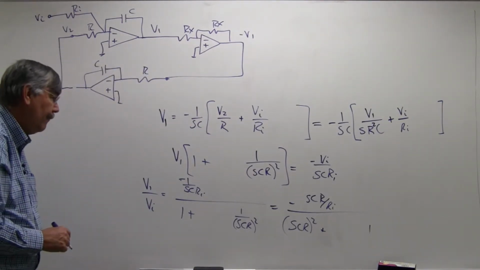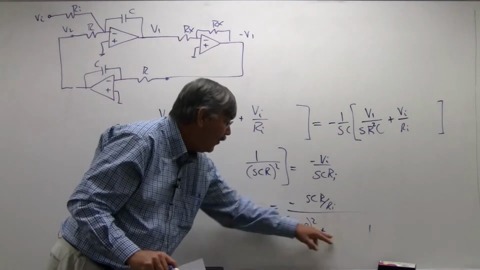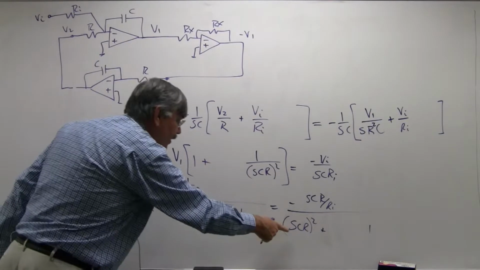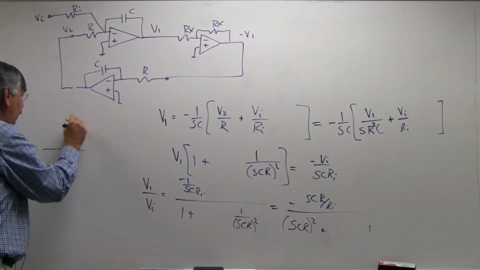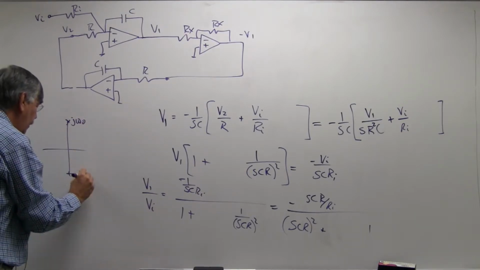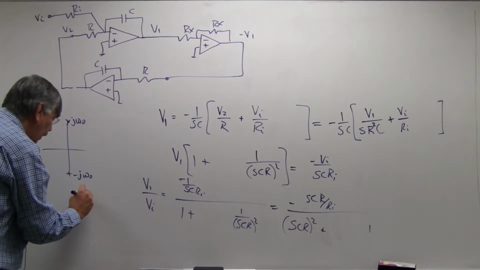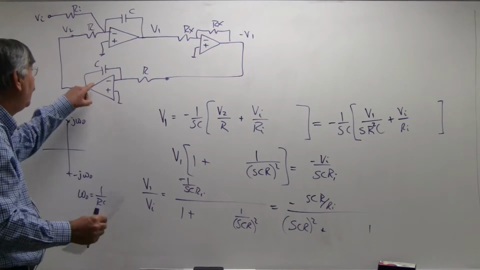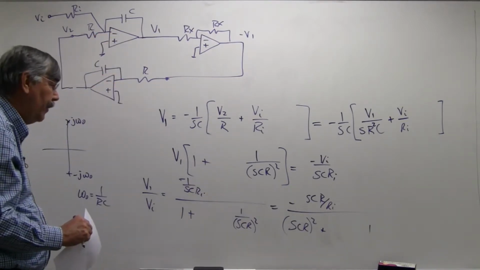Okay. If we're real careful, well, so here's my main point here. As it's drawn right now, this circuit has a 0 where S equals minus 1 over R. So this thing has roots at plus or minus j omega naught, just as I promised, where omega naught equals 1 over RC. So it's set by the same frequencies as this integrator.